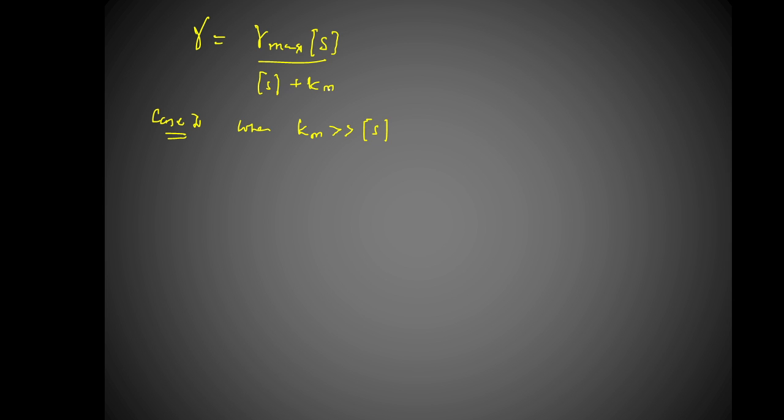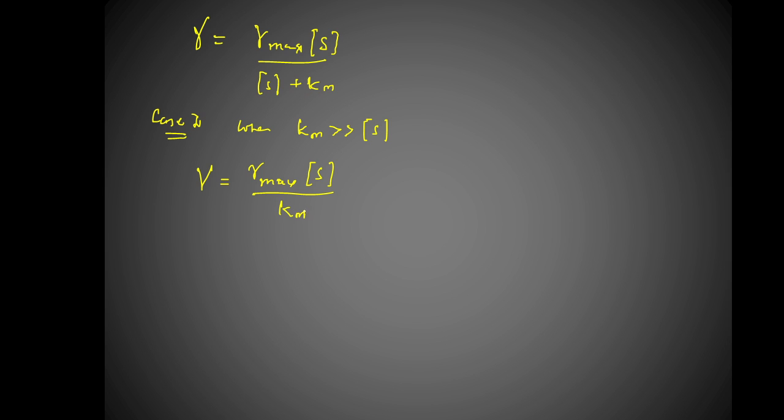So if in the denominator this concentration is more, we can neglect this small concentration. This is basic math which we have studied up to class 6th. So if this concentration is very high, you can neglect this concentration. Therefore our rate becomes equal to R max into concentration of S, that is substrate concentration, because this is neglected over here, its concentration being very small compared to that of Km.